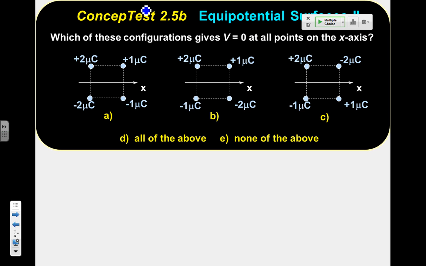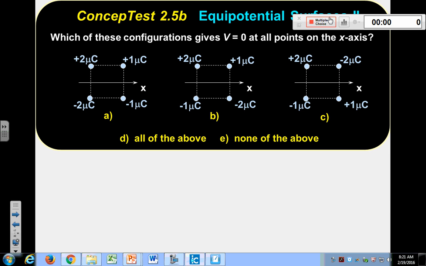Okay. Which of these configurations gives V equals 0 at all points on the x-axis? So I want points along the x-axis where I'm equidistant from pairs of positive and pairs of negative charges.